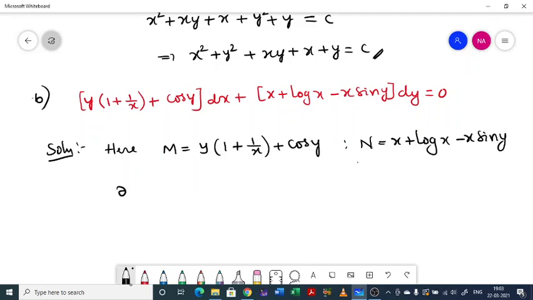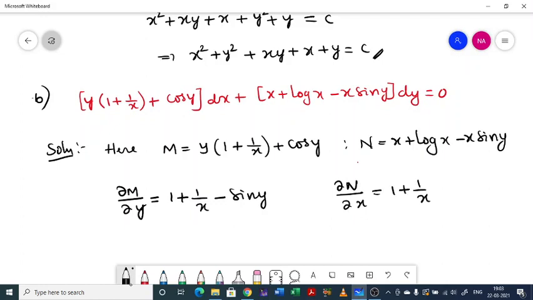Now differentiate M with respect to y partially. ∂M/∂y = 1 + 1/x − sin y. Right? Similarly here ∂N/∂x = 1 + 1/x − sin y.